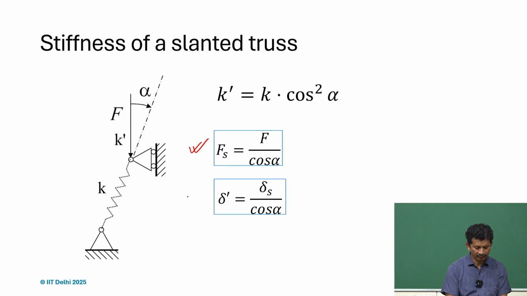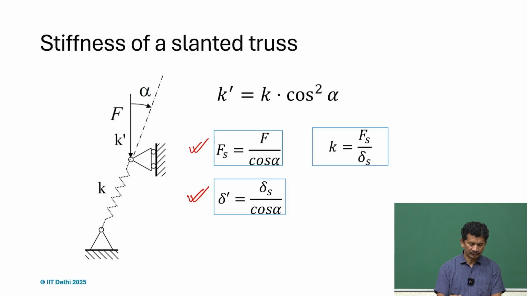We also derived the relationship between the displacements, the deformations. So, what is the deformation in the spring, and equivalently what will be the deformation in the vertical direction, or in the direction of the force, that we derived.